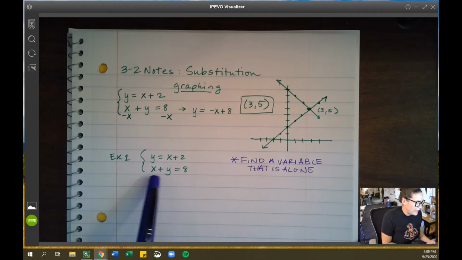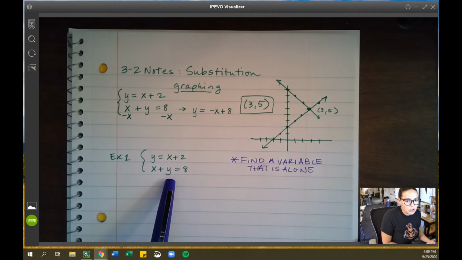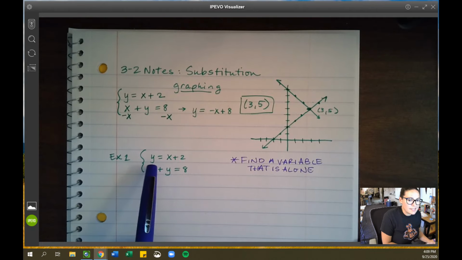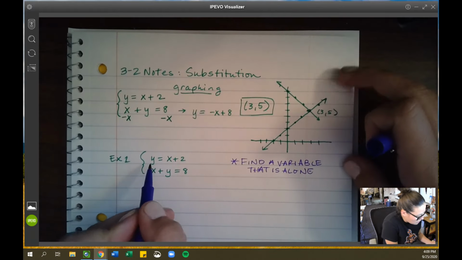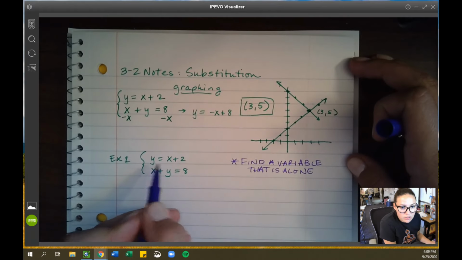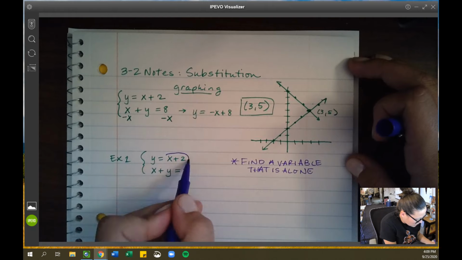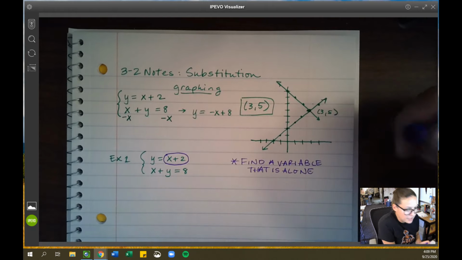Well, x and y here are not alone because they're both on the same side of the equal sign. The only variable that is alone is this y in the first equation because it's the only thing on that side of the equal sign. Now, what does y equal? Y is equal to x plus 2, and I want you to circle that x plus 2.